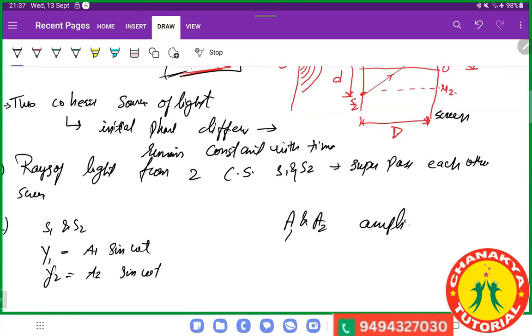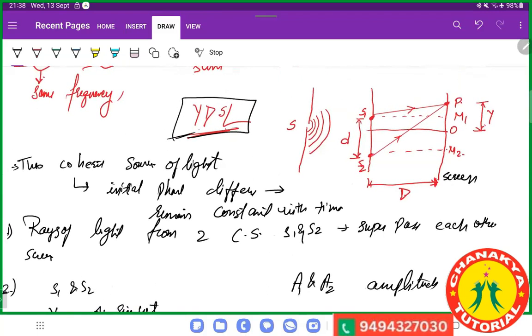If you remember, we said the same thing for current or voltage, I naught, V naught: amplitude means peak value. Amplitude of the waves for S1 and S2. So they are reaching point P.